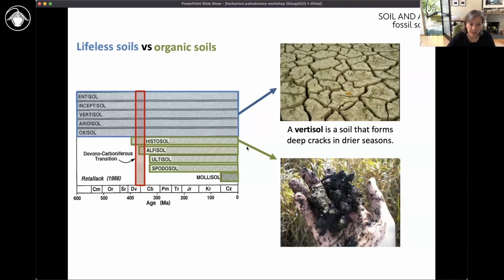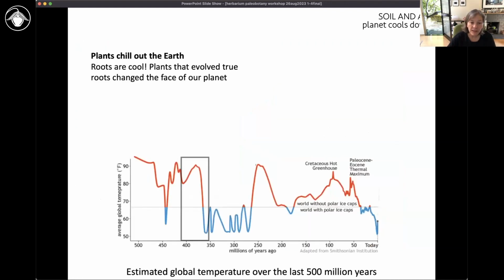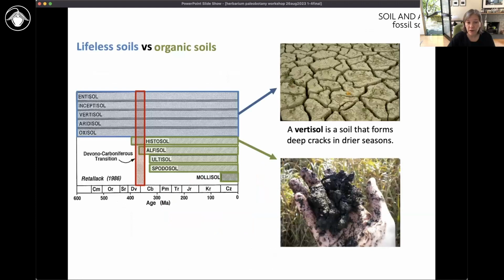The other one is a histosoil, and going back, a histosoil is a very, very organic rich, peat-like soil. So organic rich, it has to be plants that the organic part of the soil came from. So therefore we know that plants were there.